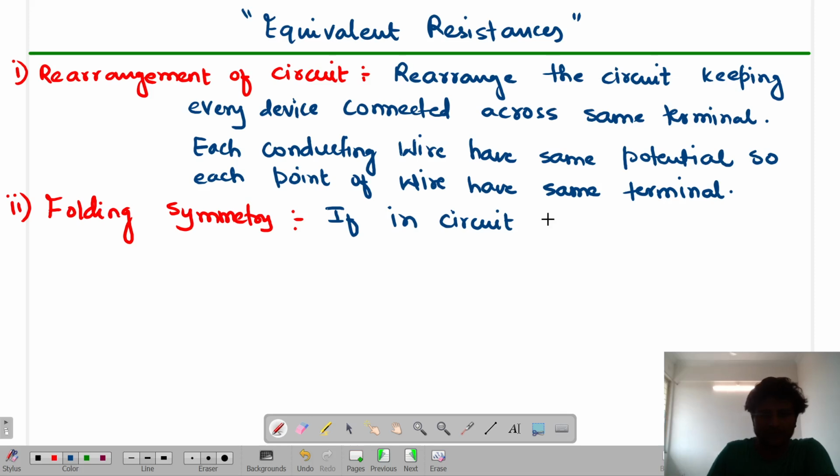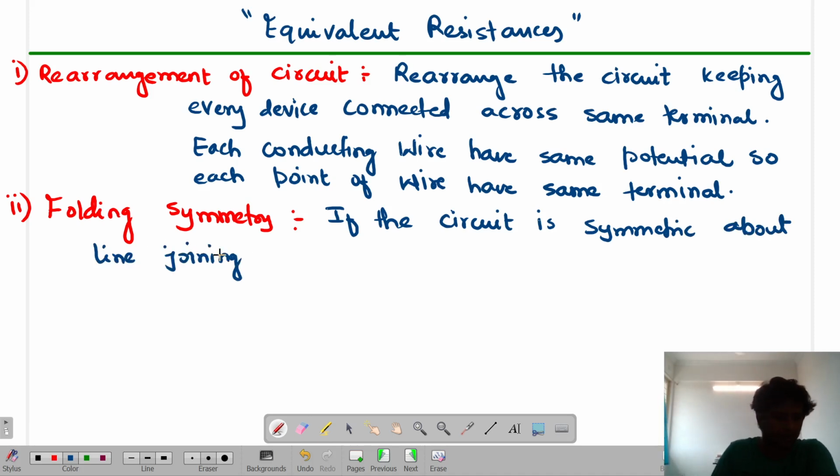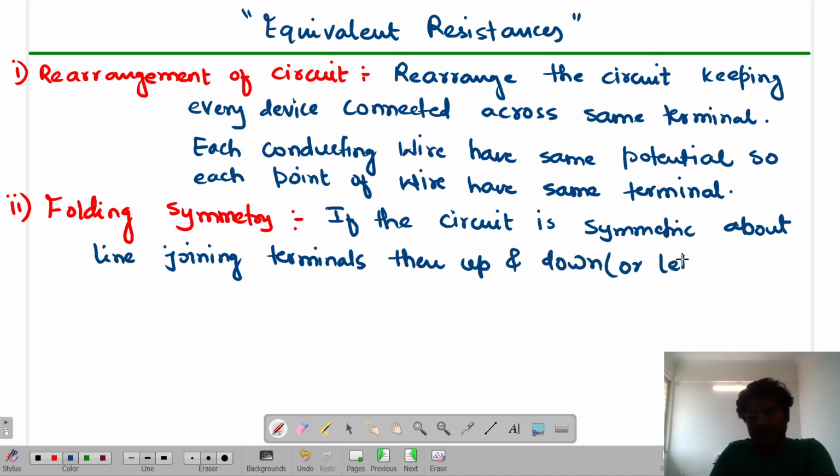If the circuit is symmetric about the line joining terminals, then up and down or left and right, if you find that on the line joining terminals it is symmetric, got it or not?